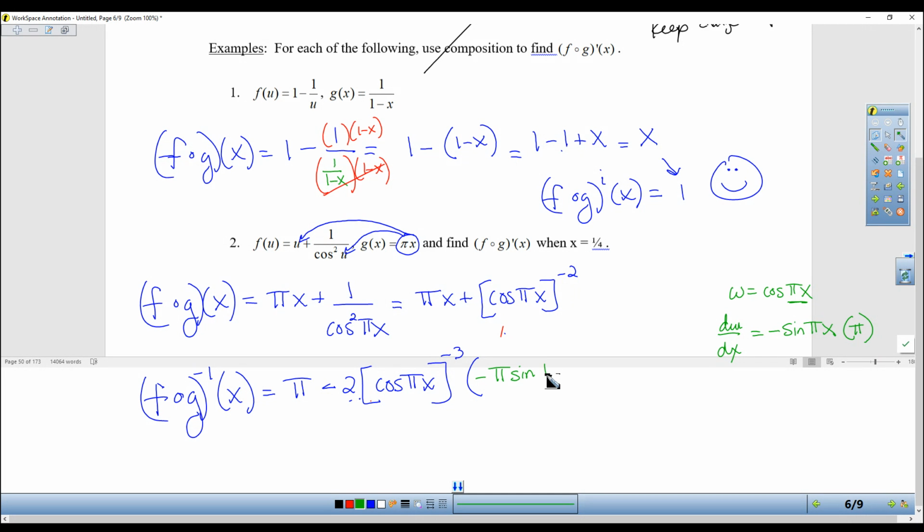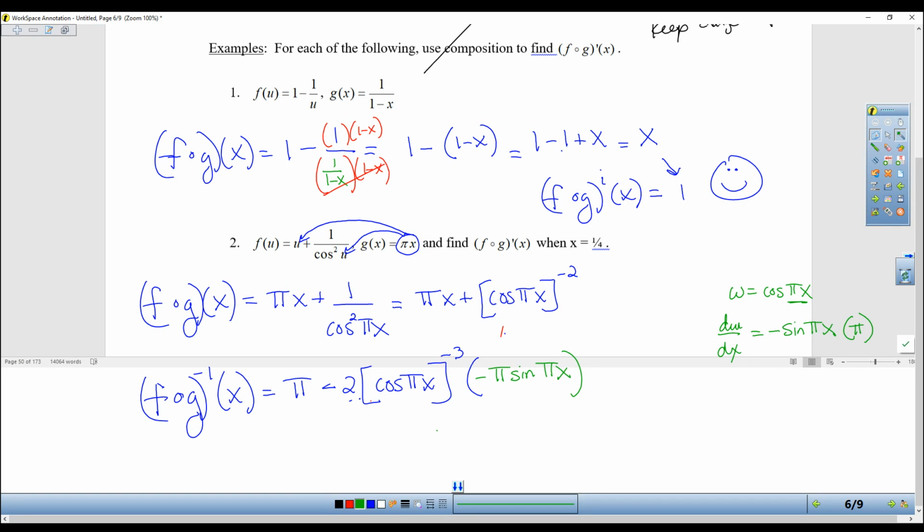And this is definitely a step that people miss. They miss it because they've already done so much derivative. When they see the derivative for cosine of pi x, they just write negative sine of pi x. But if I had just given you cosine of pi x on a quiz, you probably would have gotten it right and remembered the derivative of the inside.